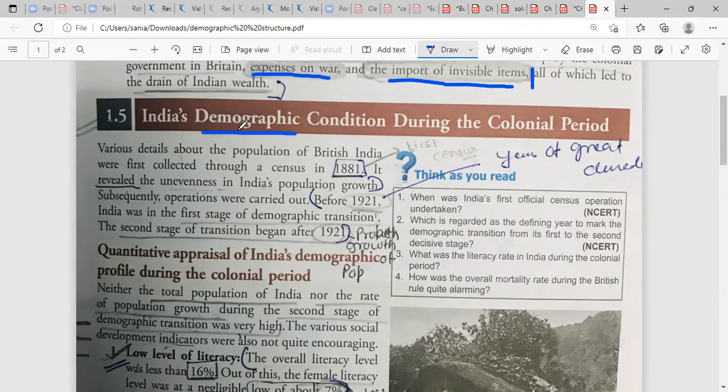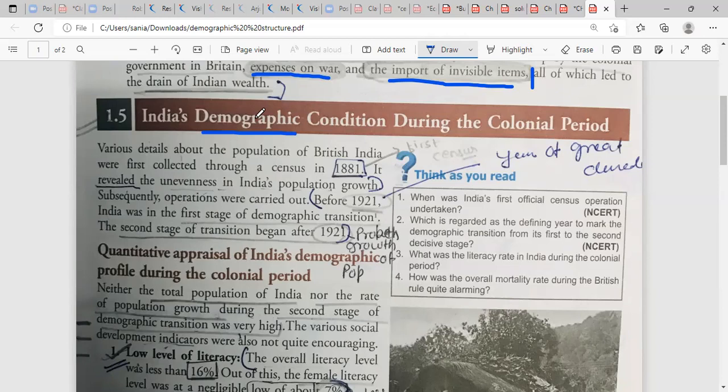Whenever you get demographic, that means population. There can be data like the birth rate, the death rate, the literacy rate, the infant mortality rate, everything. So demographic is data related to population.